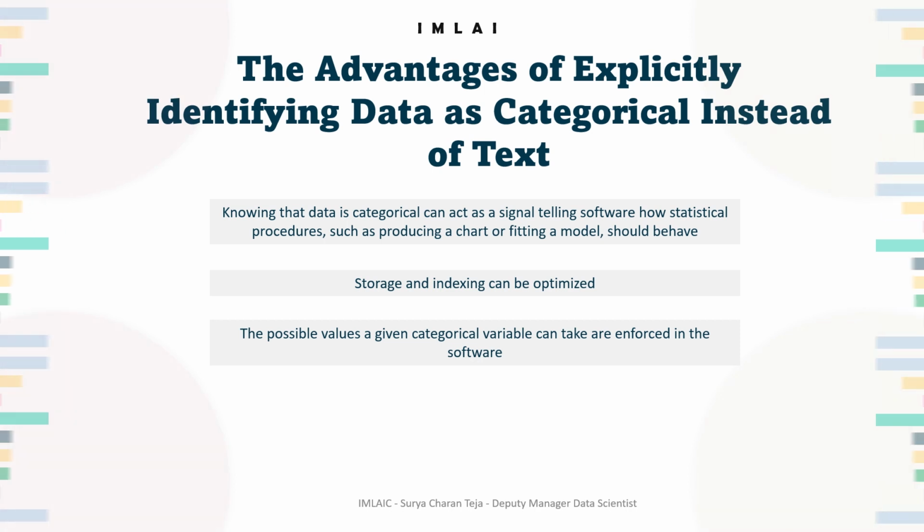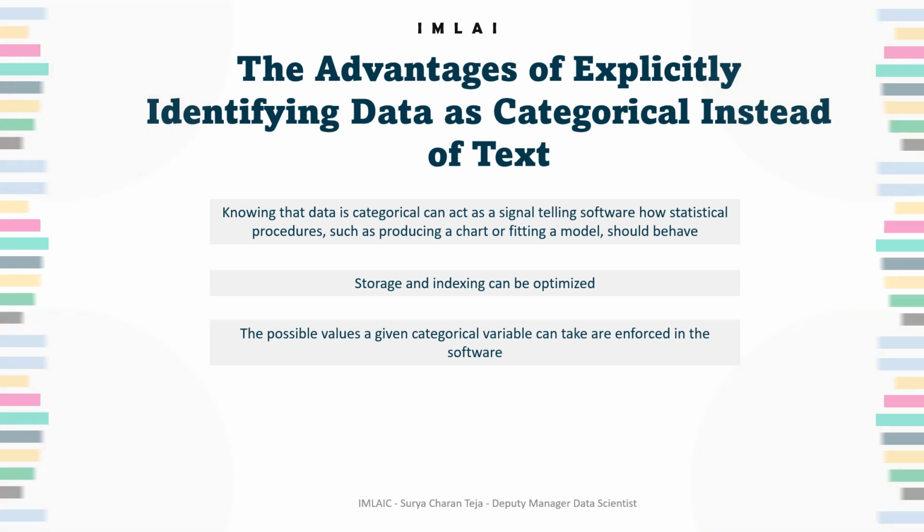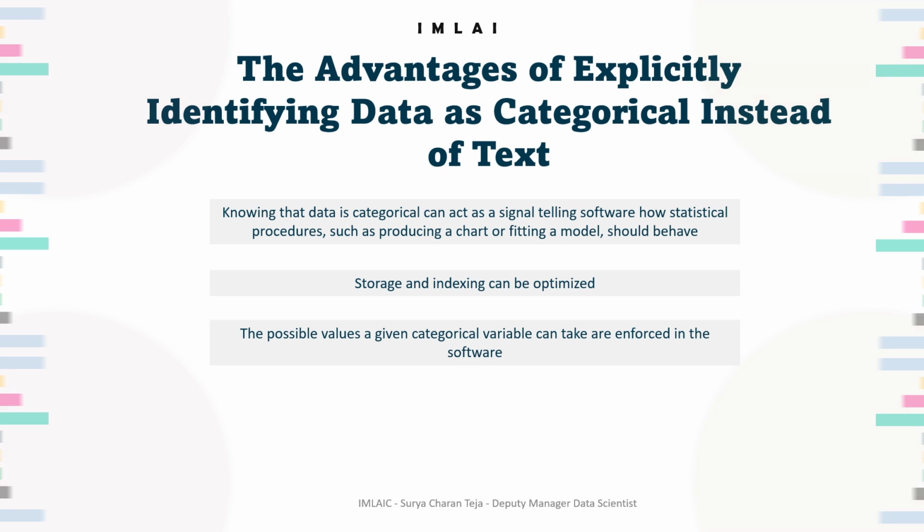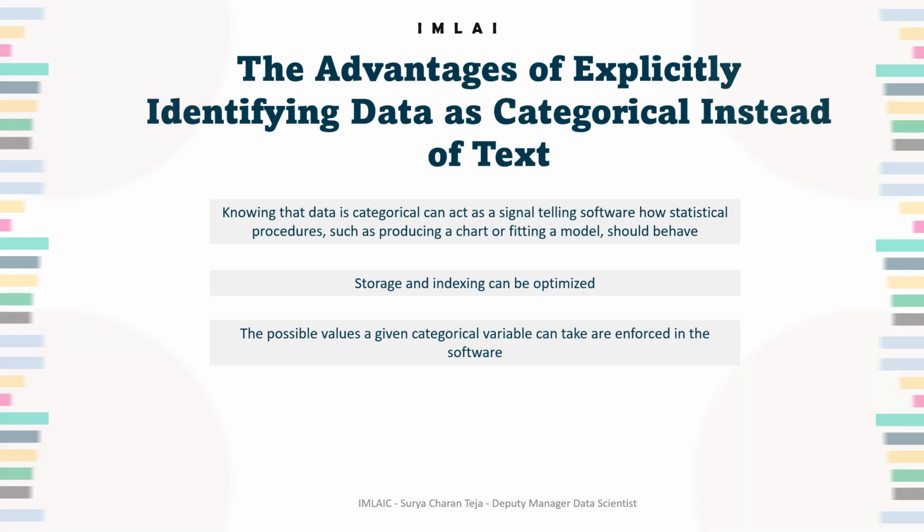Now to wrap up this section, let's discuss the main summary points. One, data is typically classified in software by type. Two, data types include numeric, under which we get continuous and discrete, and categorical, under which we have nominal, binary or dichotomous, and ordinal.